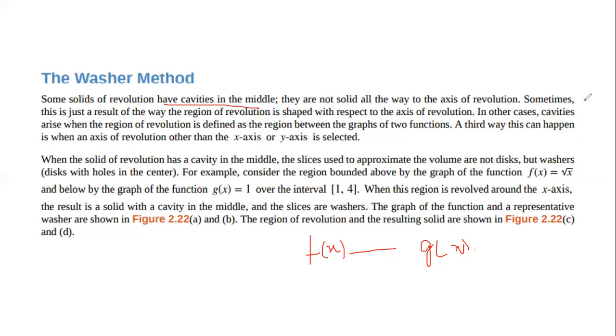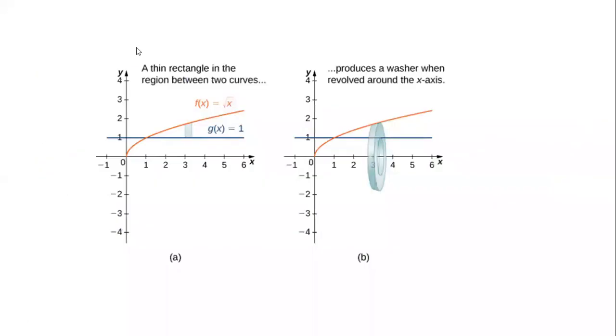So how to do it? This is the first function, f of x equals under root x, and g of x equals 1. As this is constant, it is a straight line. Now I select a thin rectangle in the region between the two curves, and after selecting the rectangle, it produces a washer.